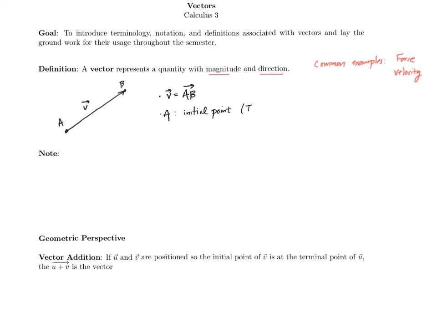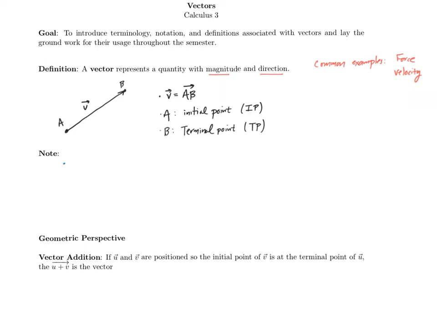And for convenience, I will almost always use IP to represent initial point. You are more than welcome to do the same. We think of B as being the finishing or, more technically, terminal point of the vector, and we represent this as TP.